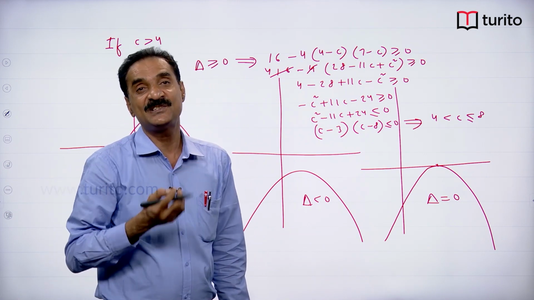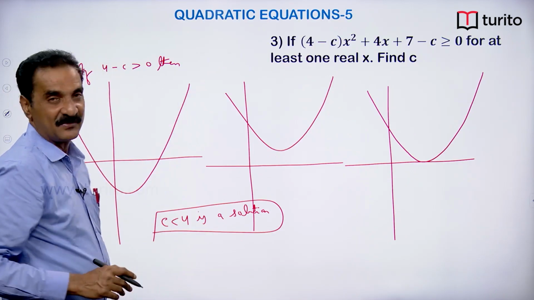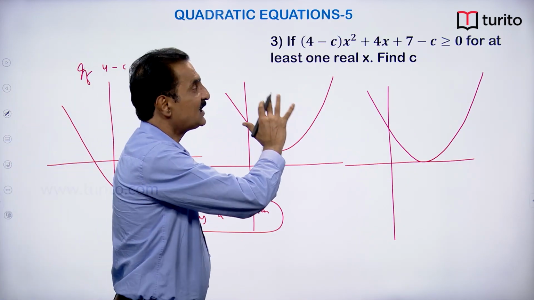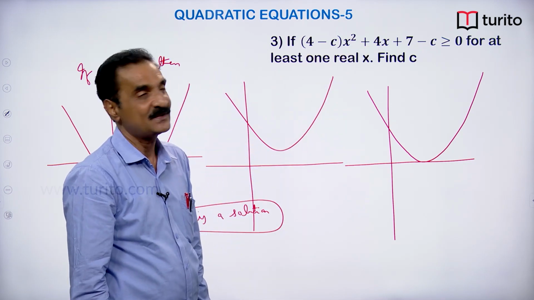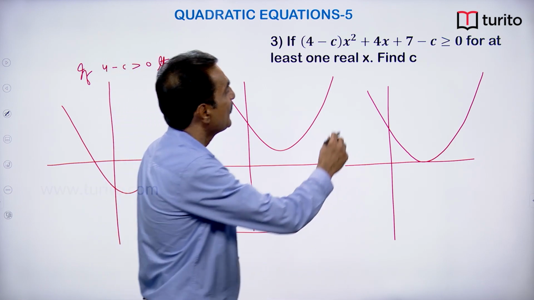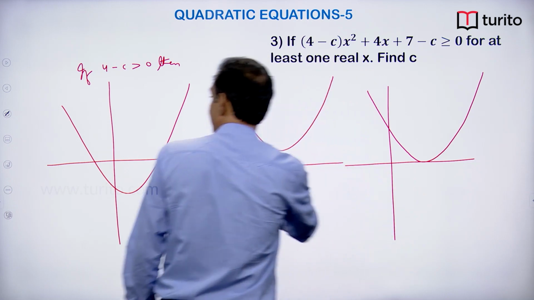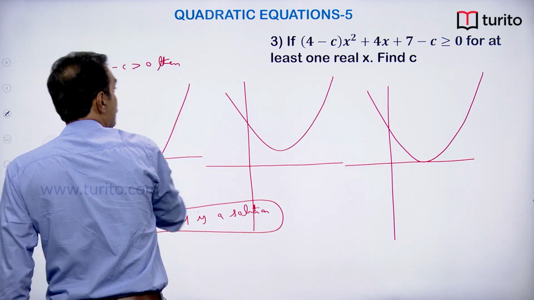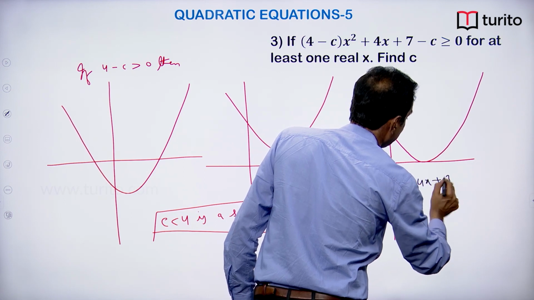But what about c equal to 4? If c is equal to 4, it is not a quadratic equation, but that is not a problem. It should be greater than or equal to 0 for at least one x. If c is equal to 4, what happens? The expression becomes 4x plus 3.